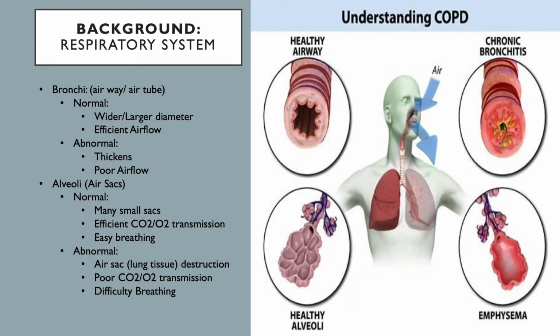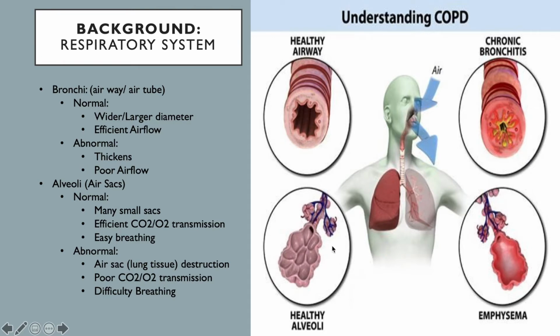Another factor seen in COPD is an abnormal bronchi. That is seen on the top right over here. You're going to have a thickened bronchi outer coat and also very poor airflow.